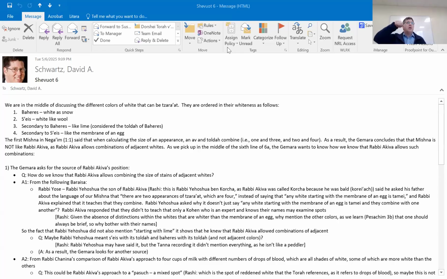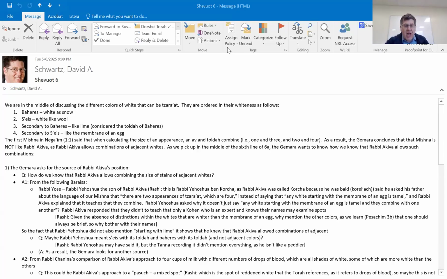No, these four categories are talking about what is known as a mixed spot, because the Torah says, in addition to referring to Baheres and Se'es, it also says that there are some spots that are Adam Demes, that have a reddish hue to it. Exactly.